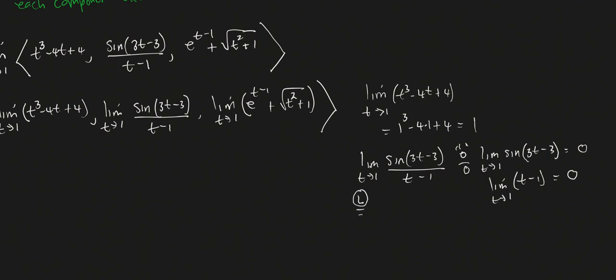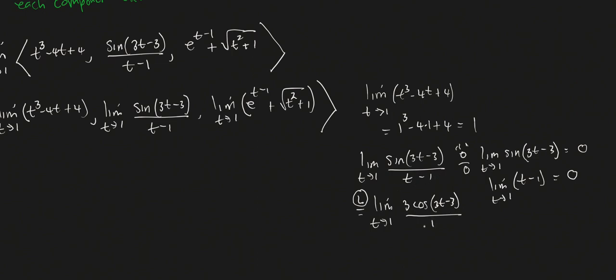So using L'Hopital's, we take the derivative of the top. Essentially what we're going to do is replace this limit with hopefully a simpler limit, one that is not indeterminate. So the derivative of the top is 3 cosine of 3t minus 3 over, and then the derivative of the bottom is 1.